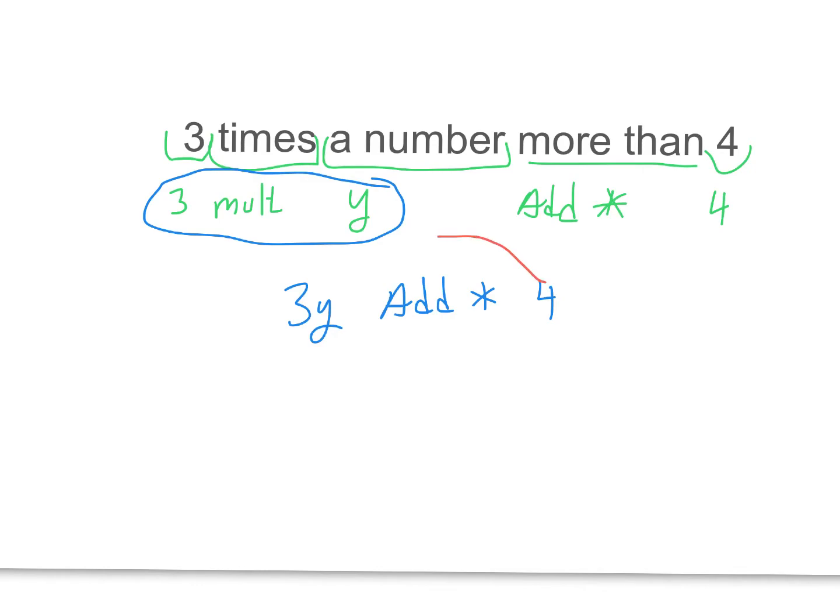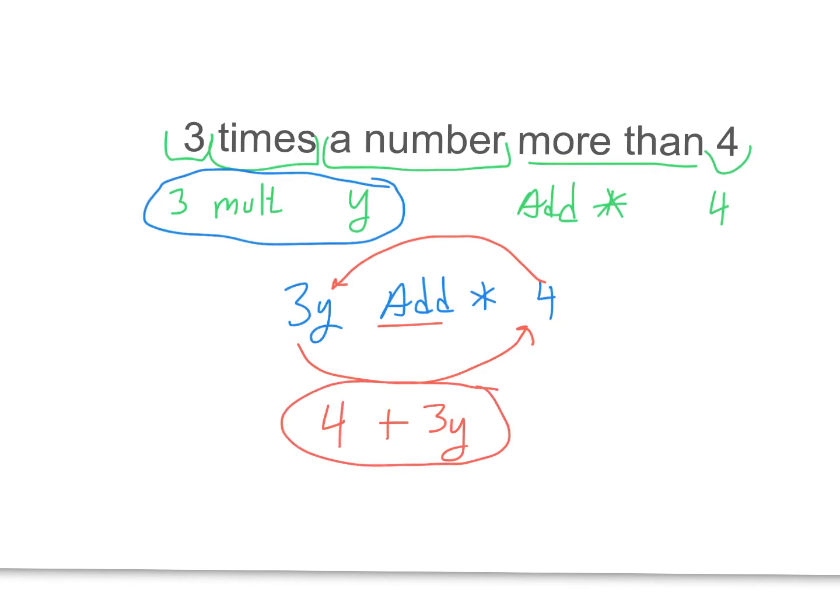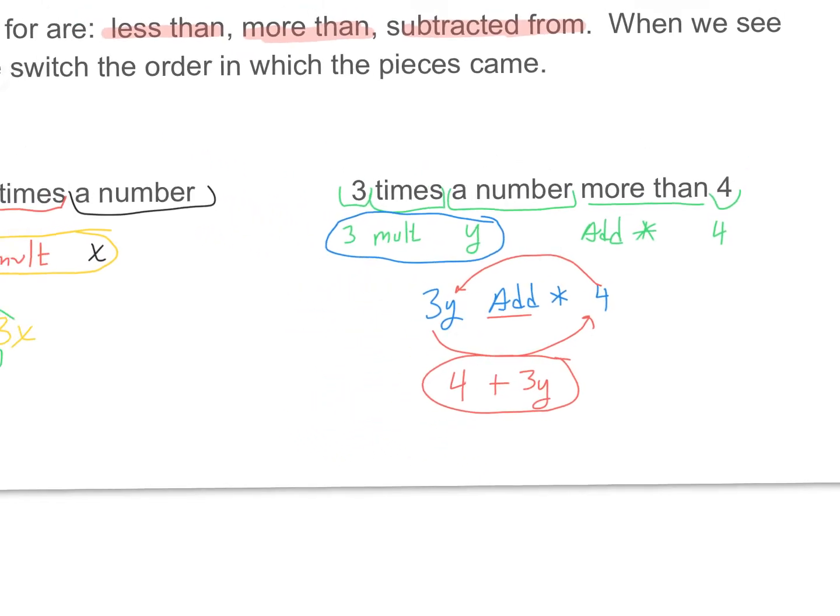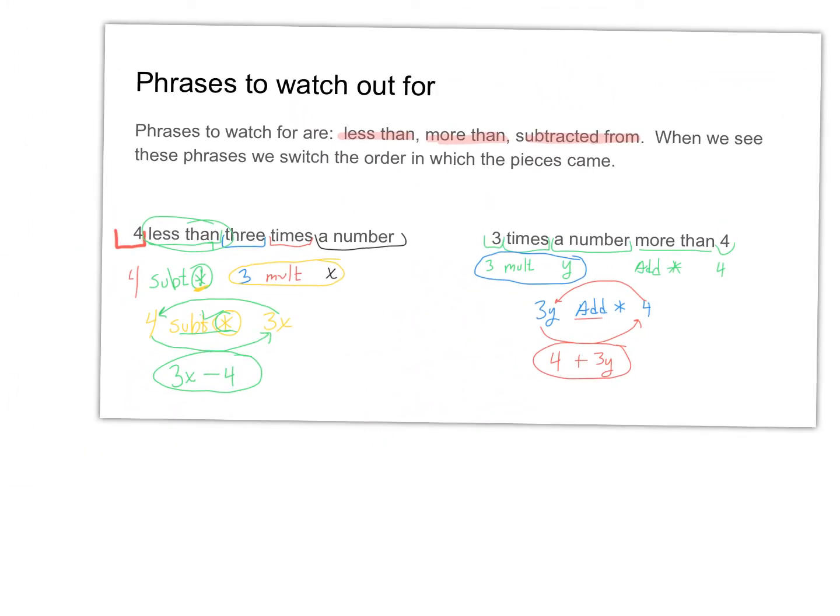So the back goes to the front and the front goes to the back. So 4. Then I can make this a plus now. And 3y goes here. And there's that. Okay, so it'll look like that. So I'm going to back out so people can see everything again. All right, so let's move on to the next slide.